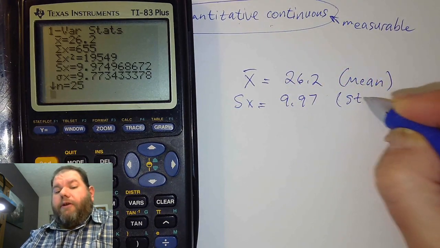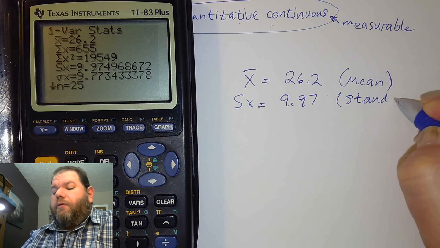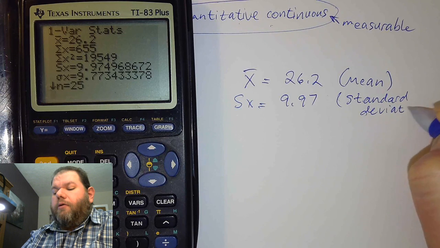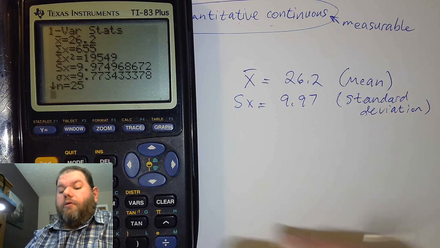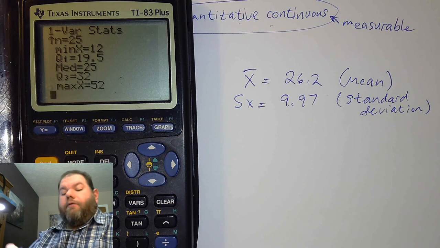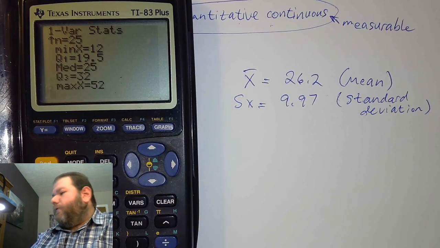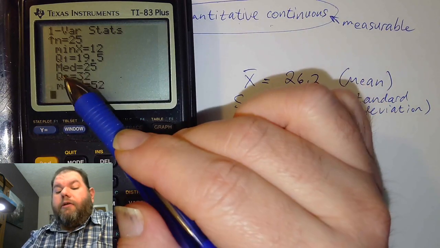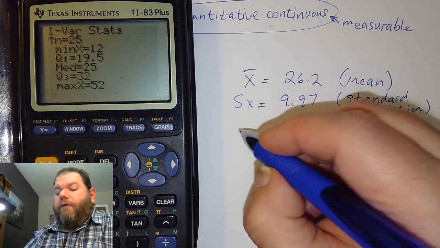That's our standard deviation. And we arrow down, and you see we have our 5-number summary that we talked about before. Our median, right here in the middle, is 25.